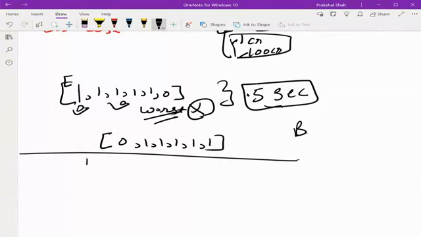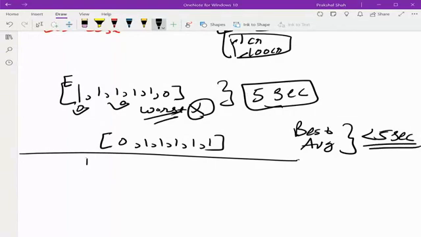So can I say my best case and my average case would always be taking much less than 5 seconds? Yes or no? So that is why we always talk about the worst case only, because nothing will be more than that, it will be less than this every time, right?